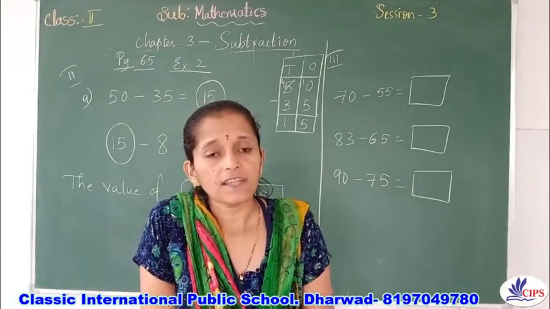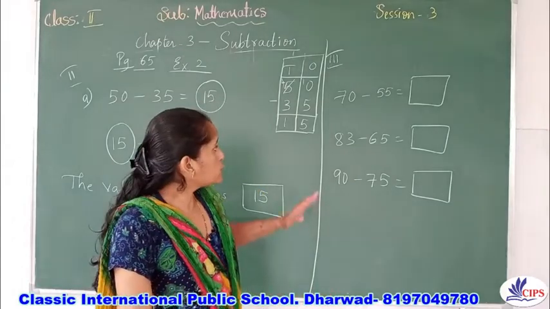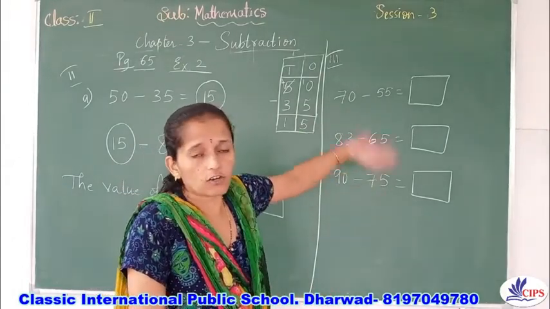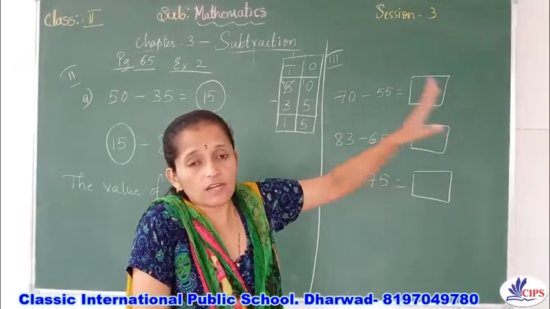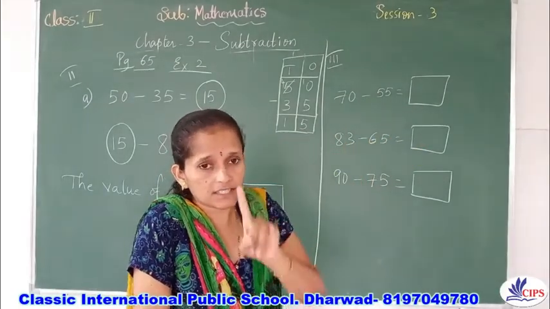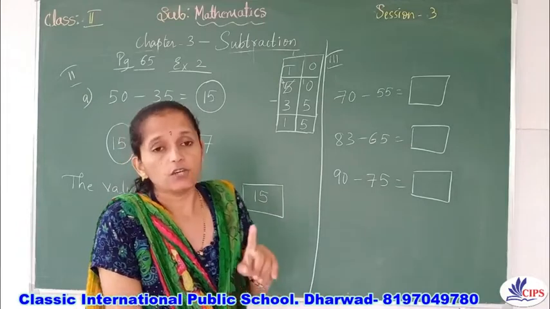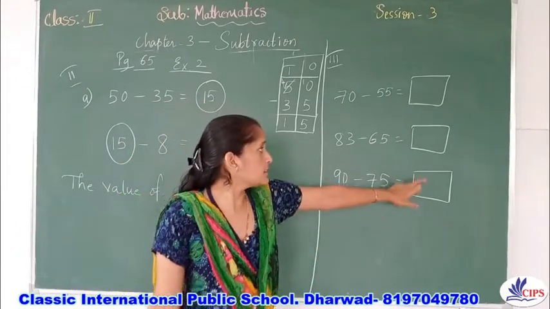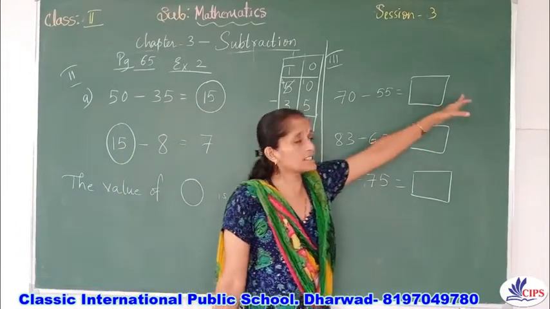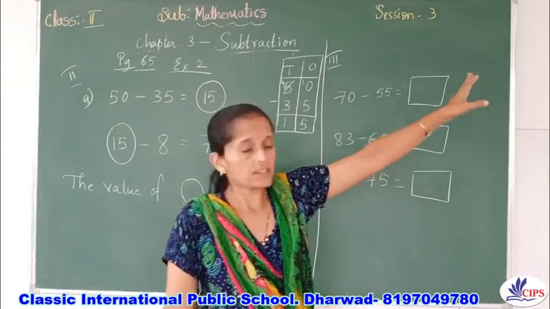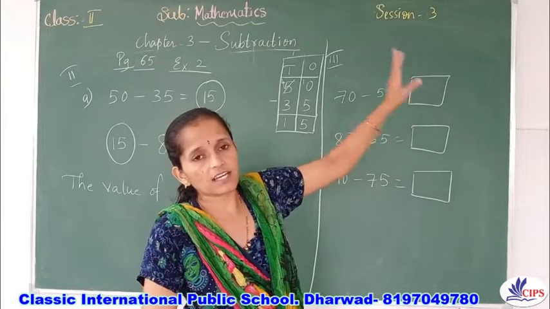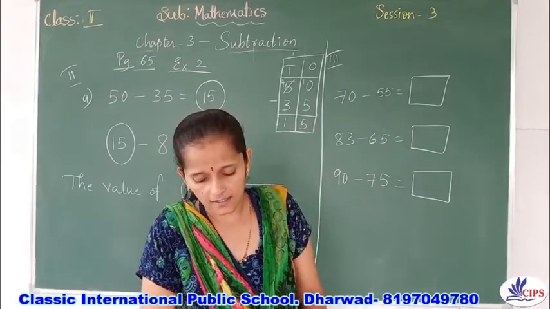Do all the 3 and see whether any 2 of them, either 1 and 2, 1 and 3, or 2 and 3, have the same answer. If the answer is the same, you have to color the answer box here. You have to do the subtraction on this side wherever the space is available in your textbook. If the answer is the same, you can color them with any light color.